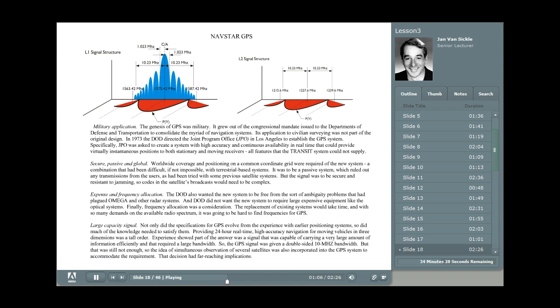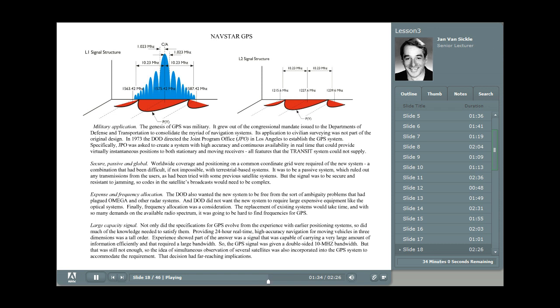Now, one of the things that was necessary was that it be secure and passive and global. A pretty tall order all by itself. Secure and passive sort of go together in that the user did not have to reveal their position when they use the system. So obviously broadcasting a signal was out of the question.